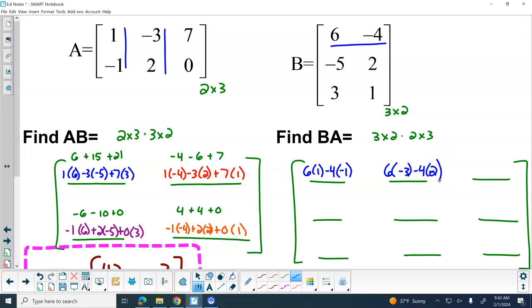Then the first row times the third column: 6 times 7 minus 4 times 0.